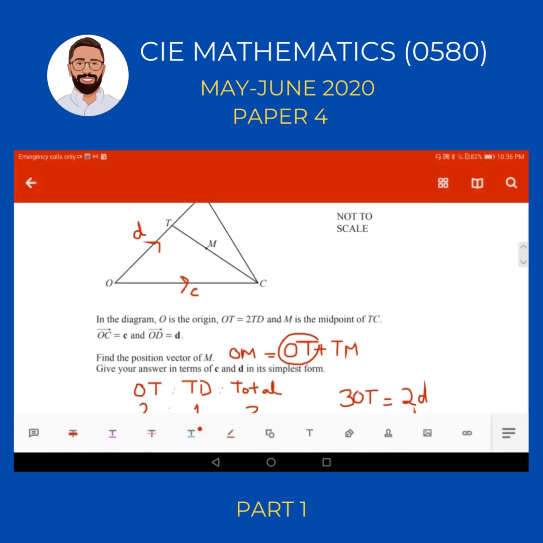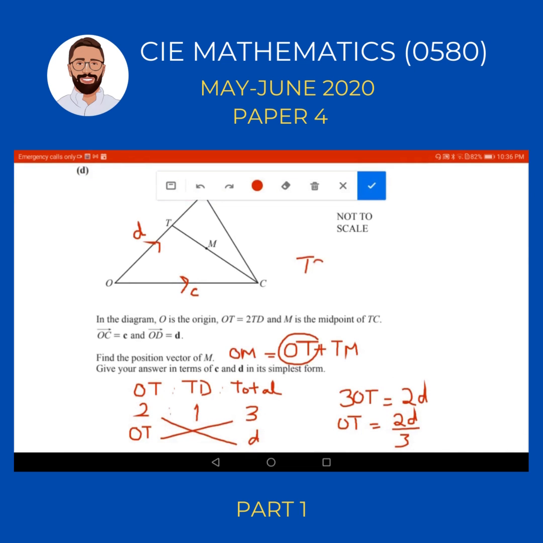So TC here is simply TO, which is negative 2D over 3. Why negative? Because if OT is 2D over 3, TO is the opposite of OT, so it's negative 2D over 3, plus OC, which is C.